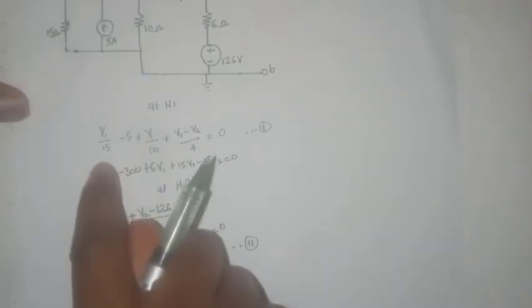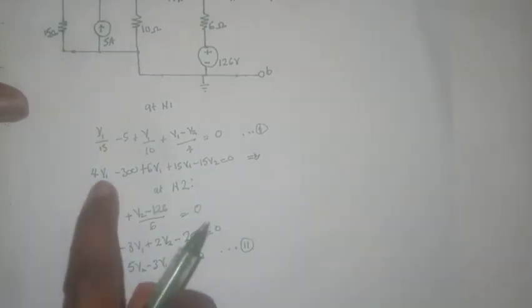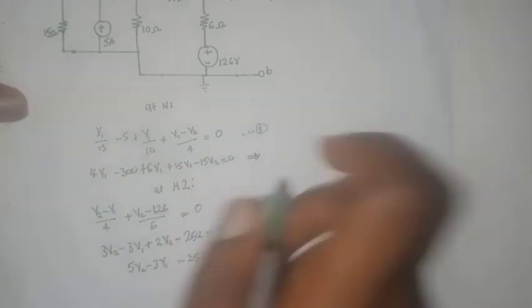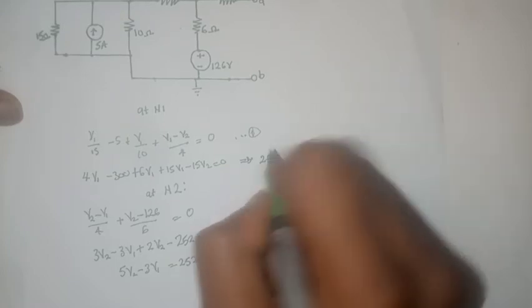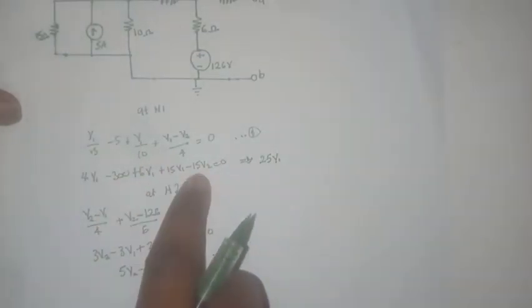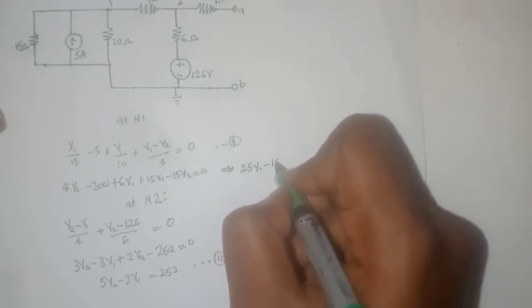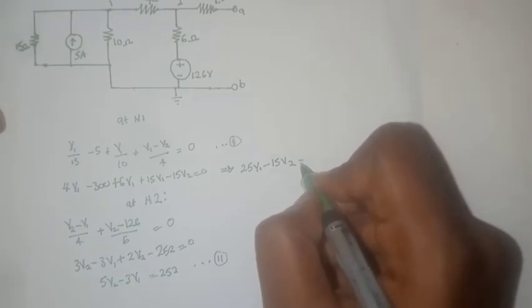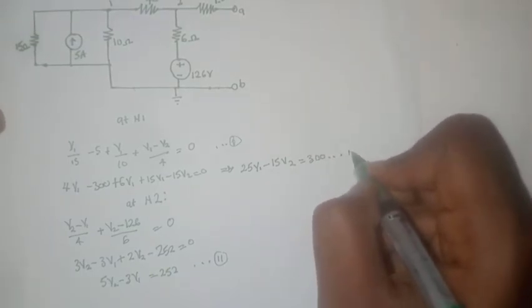And if we simplify this further, we would have 25V1 minus 15V2 equals 300. I'll call that our third equation.